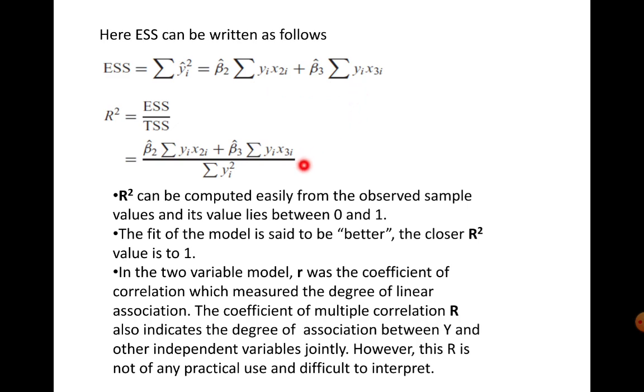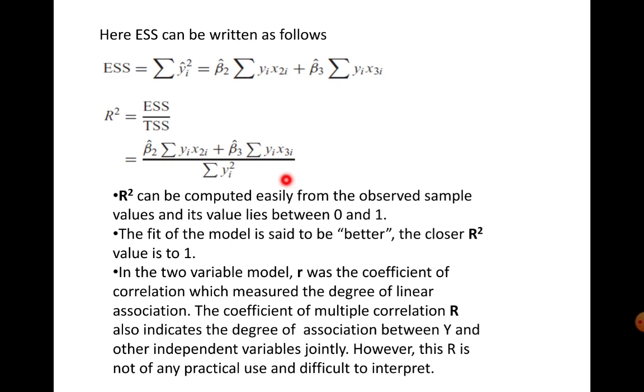So I have just written the expanded formula over here. Again I repeat, same logic as small r square in the 2 variable regression model.